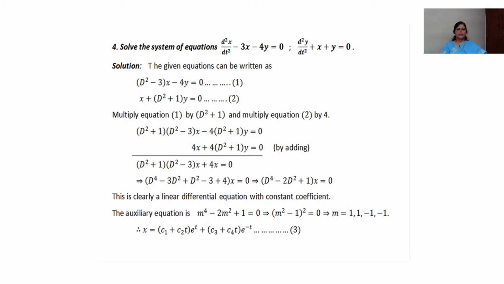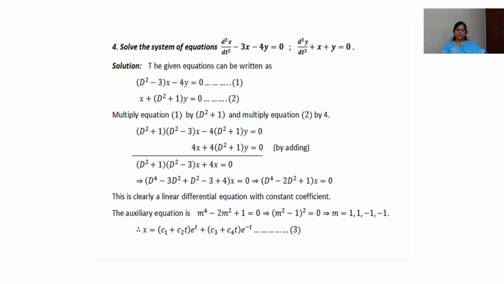Based on the previous problems and how we did them, we are going to do this one also. So the first equation is d square minus 3 into x minus 4y is equal to 0. We'll consider that equation 1. Then the second equation we can write as x plus d square plus 1 into y is equal to 0. Consider that equation 2.